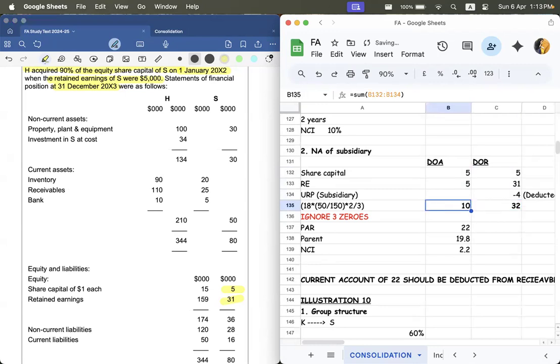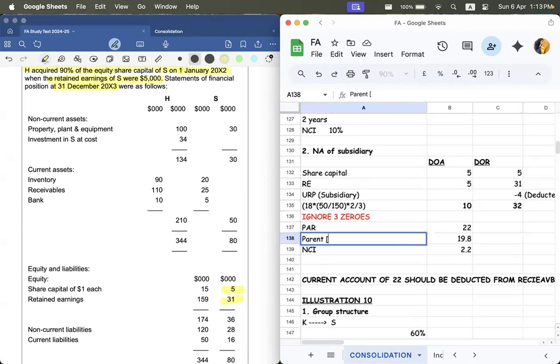And when you do that, you get the PAR. After getting the PAR, you're going to split it between the parent and the subsidiary. So here it is 22 into 90 percentage, and here it is 10%, 22 into 10 percentage. Clear?